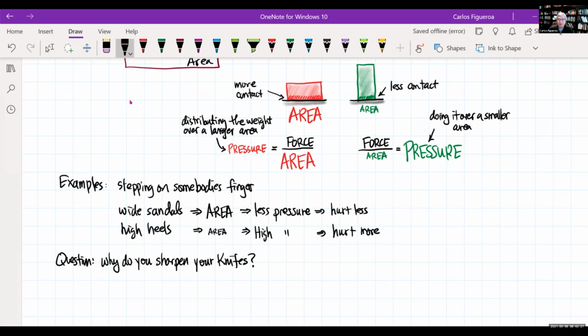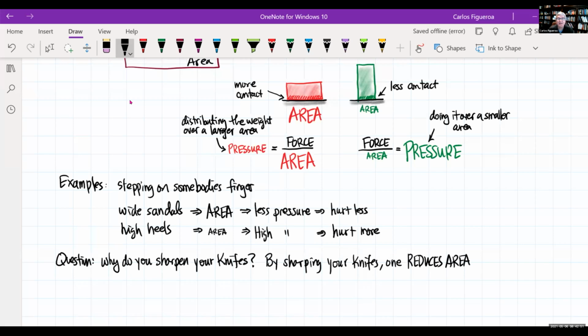What does sharper mean? By sharpening your knives, you reduce what?